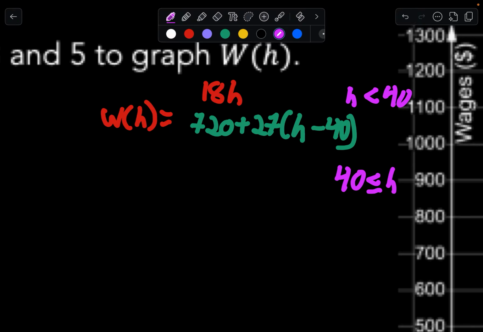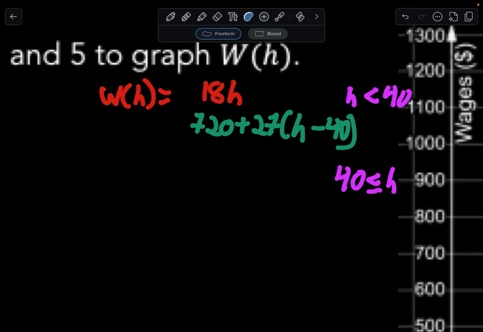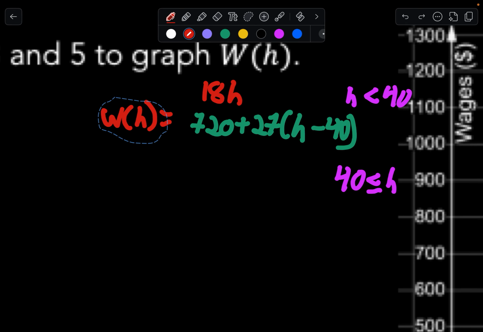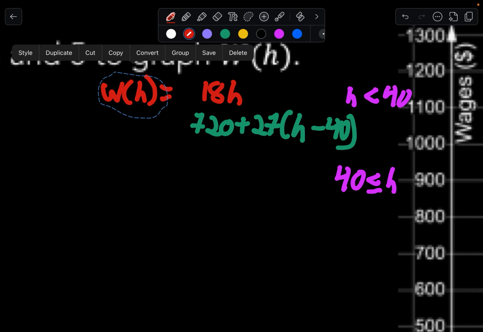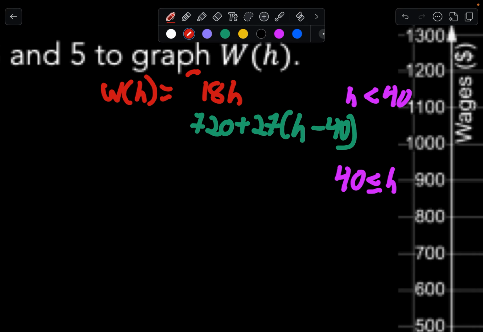Let's say they're kind of cheap. So this would have been your piecewise defined function. Notice I put a curly bracket on it. That's just how we do it. That's just tradition for piecewise defined functions.